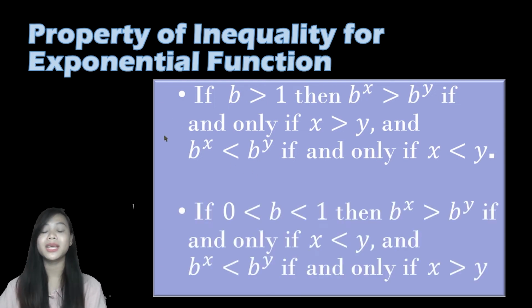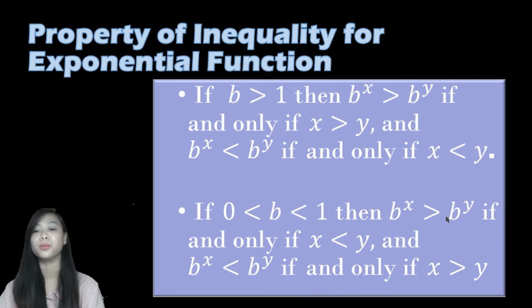Second, if the base b is between 0 and 1, that is, b is greater than 0 and less than 1, with example values of 0.1, 0.2, 1/2, 1/4, and so on, then b raised to x is greater than b raised to y if and only if x is less than y.